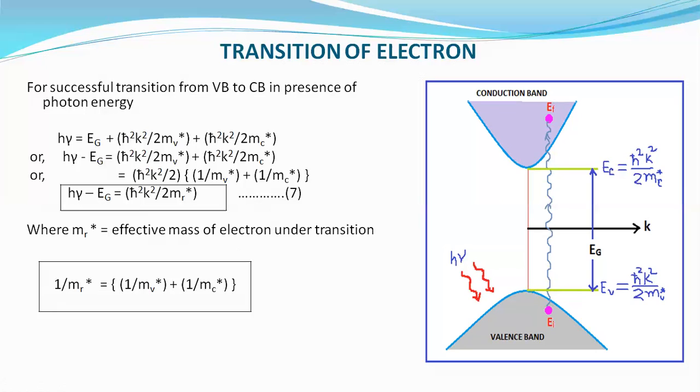Similarly, any material inside the valence band has higher binding energy than the conduction band. So if you apply some force there, you will get acceleration, but you have to pay more cost for overcoming this binding energy.